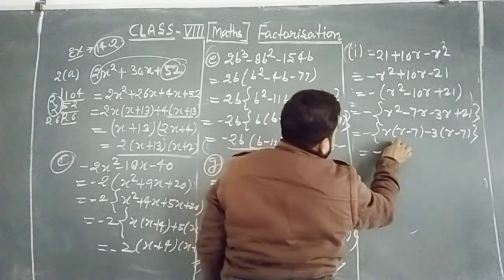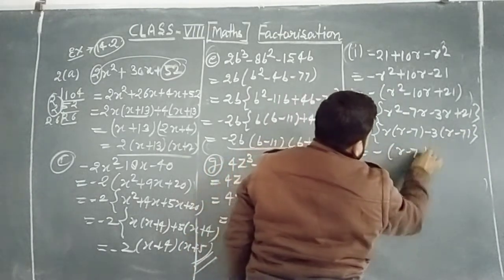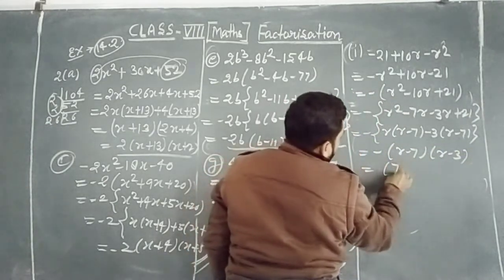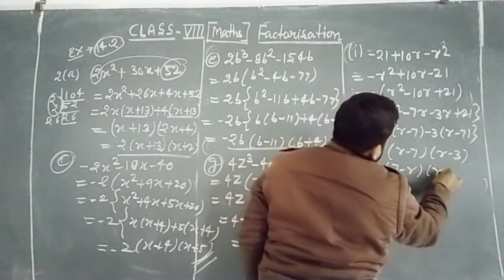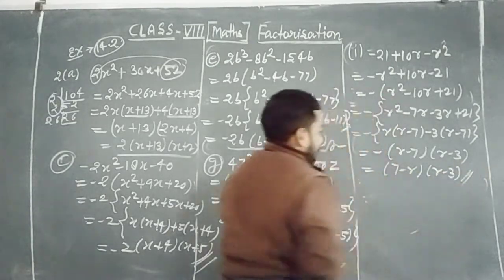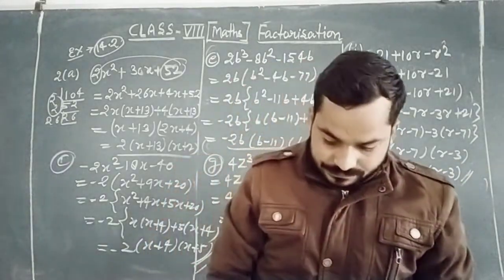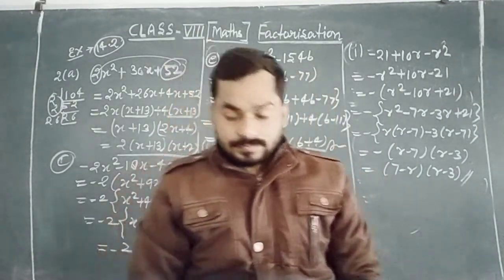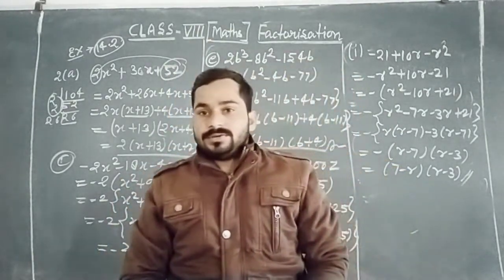So factors are r minus 7 and r minus 3. If we multiply the minus sign, so 7 minus r and r minus 3. So this time we have factorized the remaining part of question number 2. I hope you have understood.